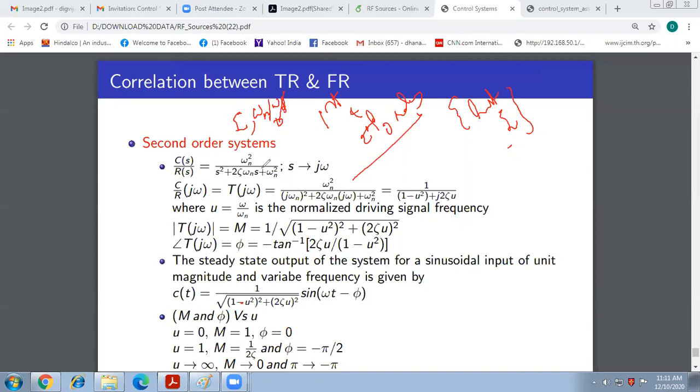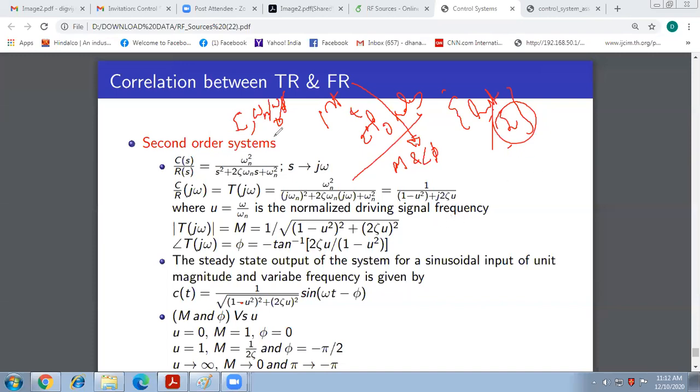There will be some relation between these quantities and what we see in frequency response. In frequency response, the quantities are magnitude and phase angle phi. So we will develop a relation between these and zeta and omega n, and that relation will be valid for some limit condition on zeta. Let us see what it is.